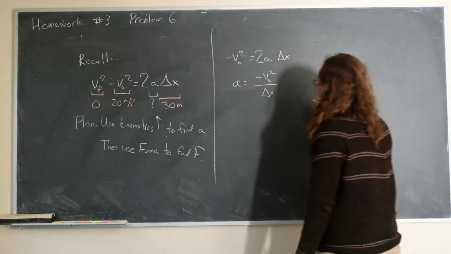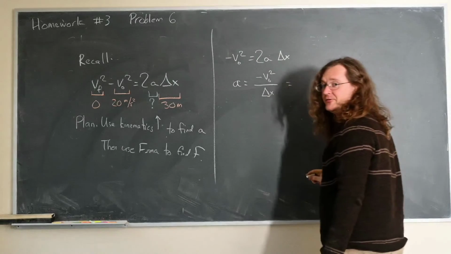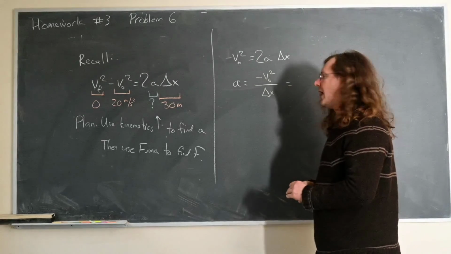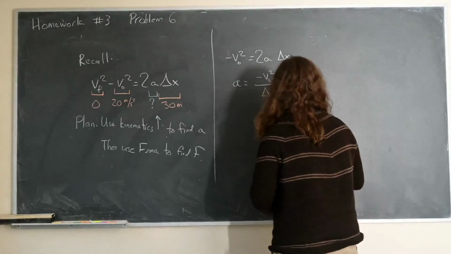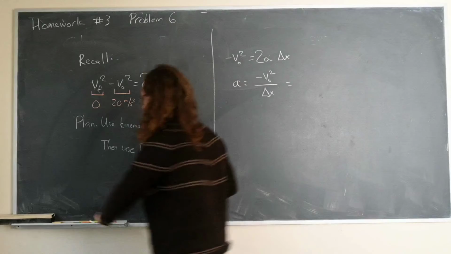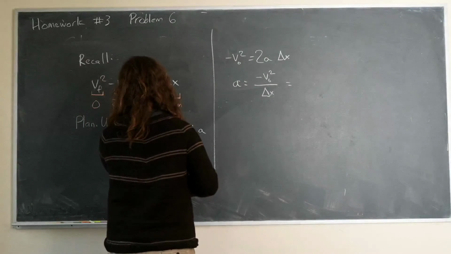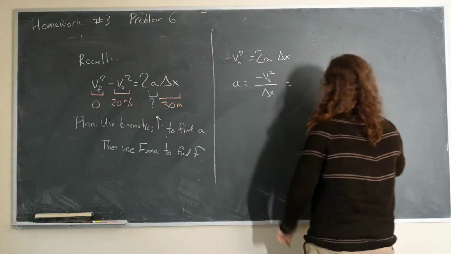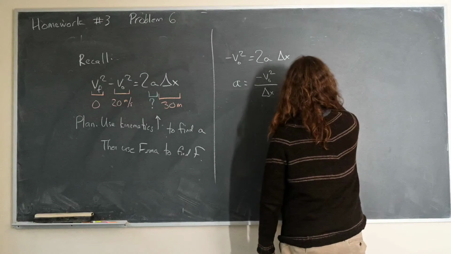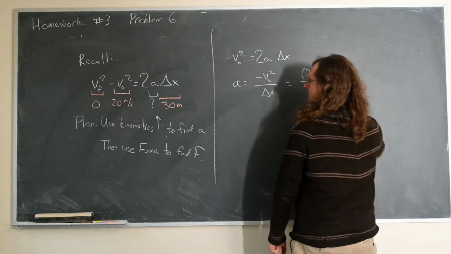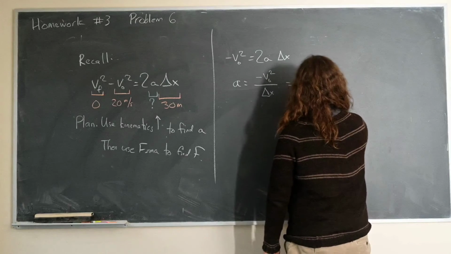Now I'm going to go ahead and put in the numbers here because this can give us some insight into how big that acceleration is. So 20 meters per second, or excuse me, meters per second, since speeds are in meters per second, all of that squared, divided by 30 meters.